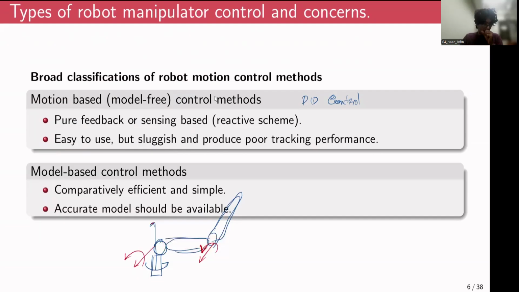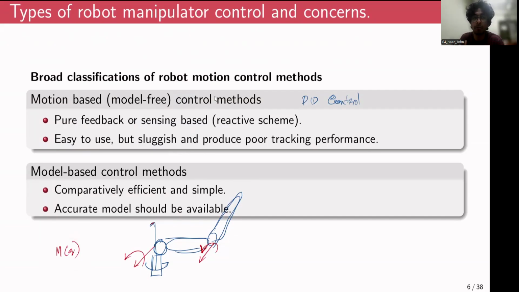We can obtain all this information from the mass matrix alone. So if the control input has components of this mass matrix, we can anticipate whether the control input is high or low.